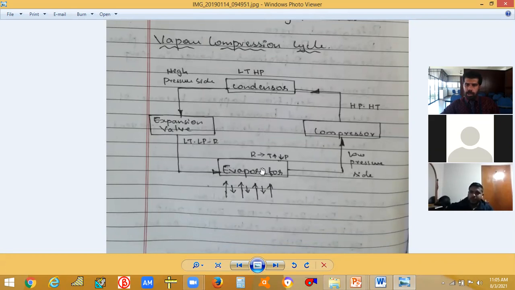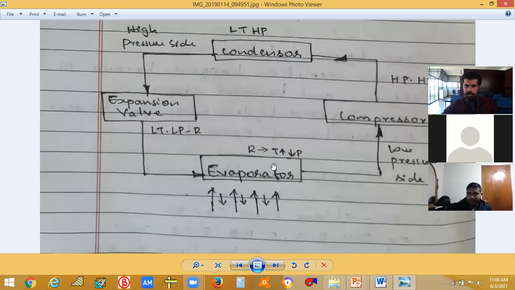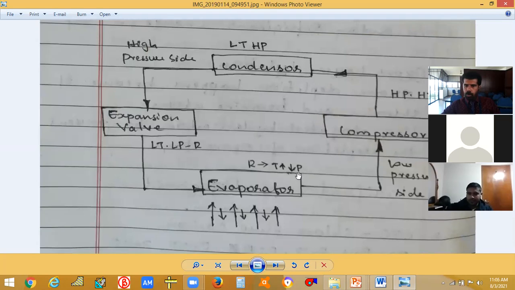Now, this is the evaporator, condenser, compressor, and expansion valve. This arrow shows the air going into the evaporator and cold air coming back to the room. Understood? Here R denotes refrigerant, T denotes temperature, and P denotes pressure.